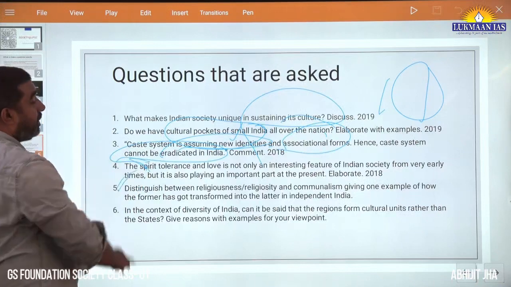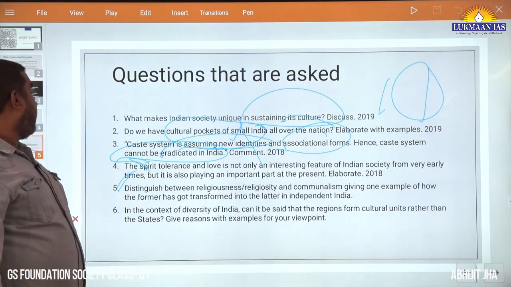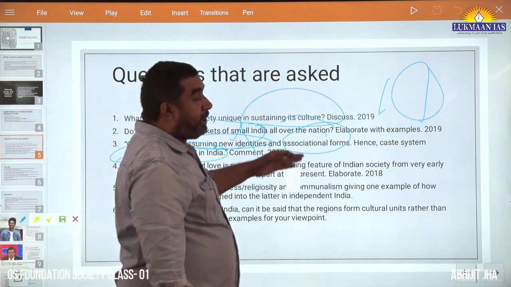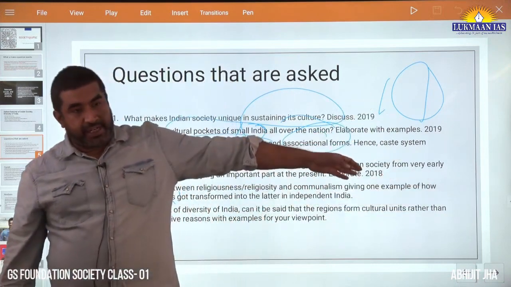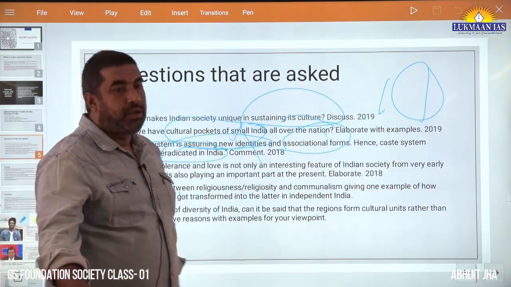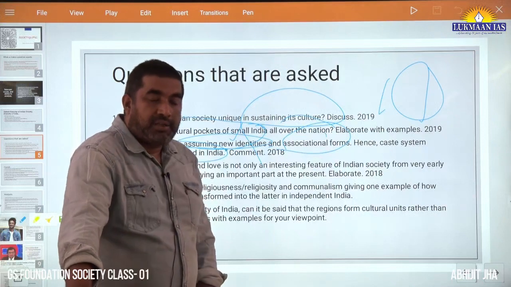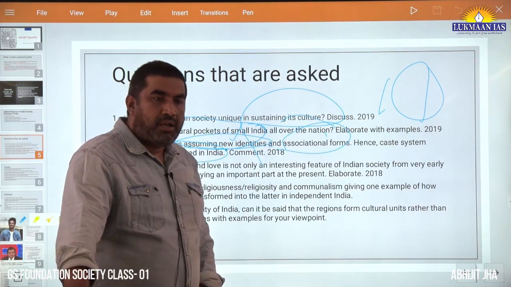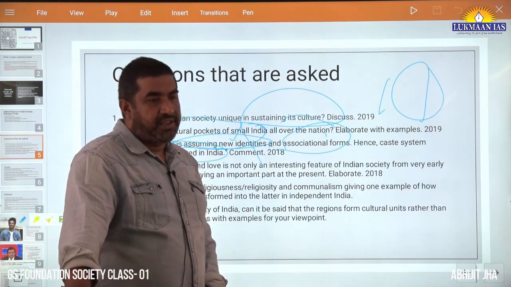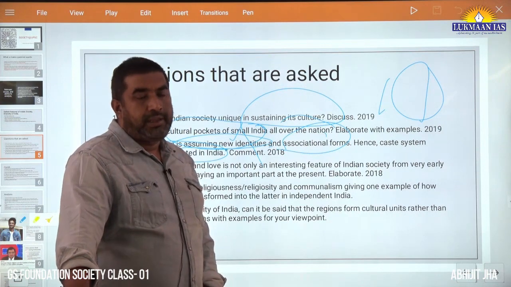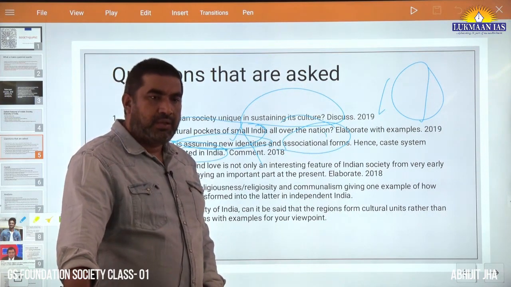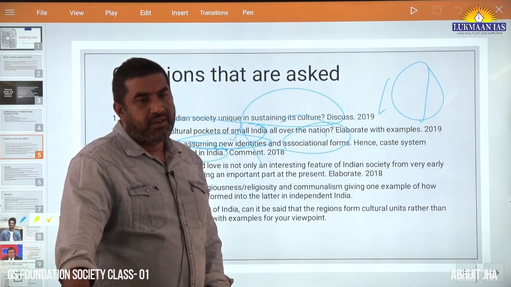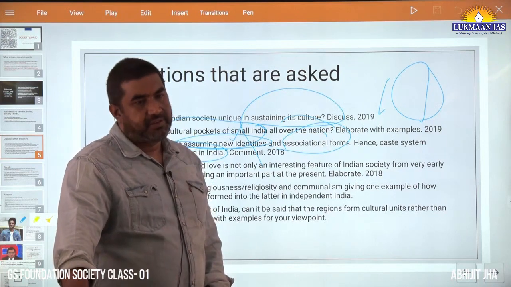See, the spirit of tolerance and love is an interesting feature of Indian society from very early times, and it is also playing an important part in the present. 2019 question. For example, there was an opinion of a very famous writer that if the population density and population growth in Europe had been the same as India's, we would have witnessed mass killings, riots and homicides.